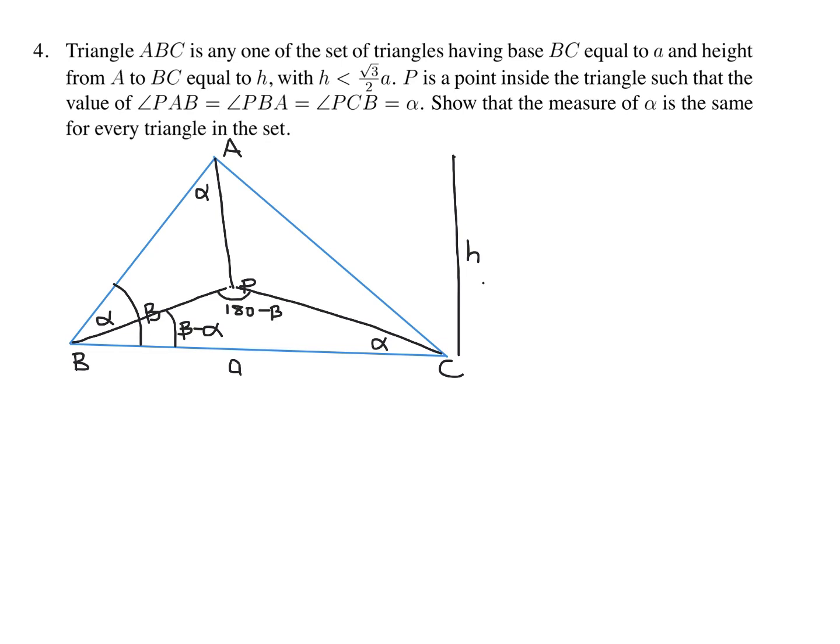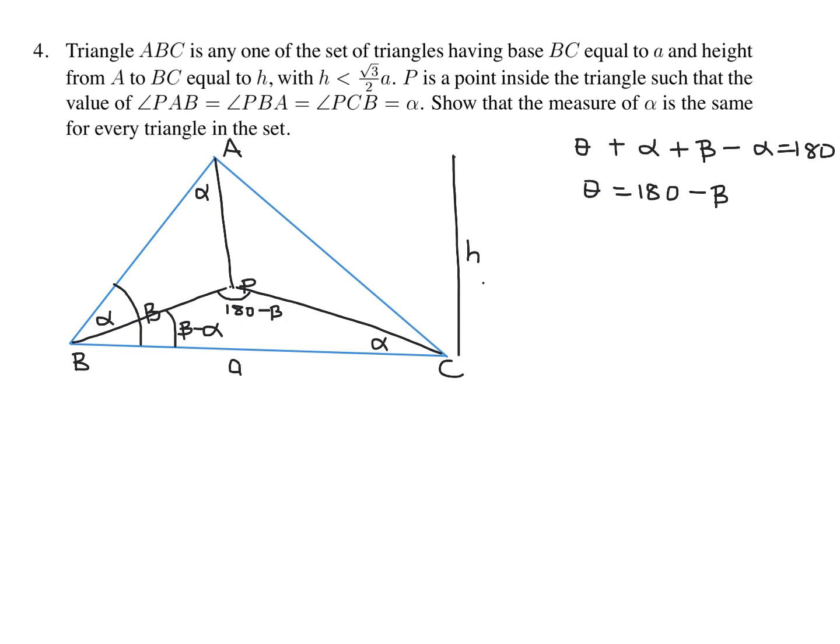And the reason is because if that angle was, let's say, theta, and I didn't know what it was, we know that theta plus alpha plus beta minus alpha is 180, right? The properties of angles of a triangle. And then when you solve for this, you get that theta is equal to 180 minus beta. And that's why I wrote 180 minus beta. I had just done it in my head.